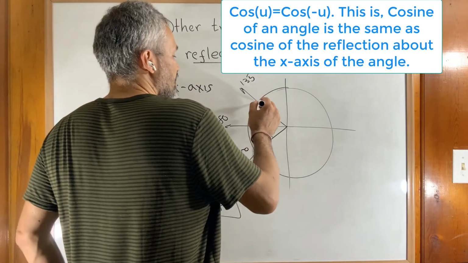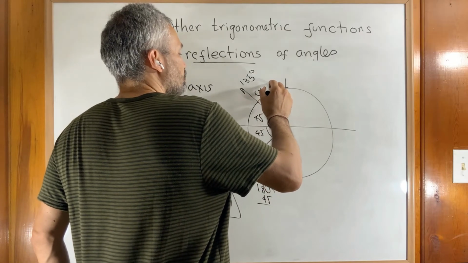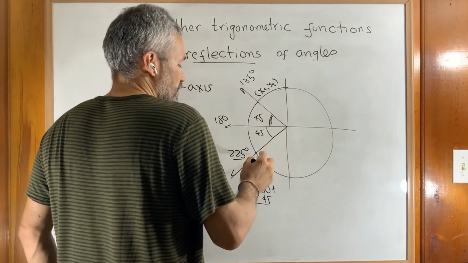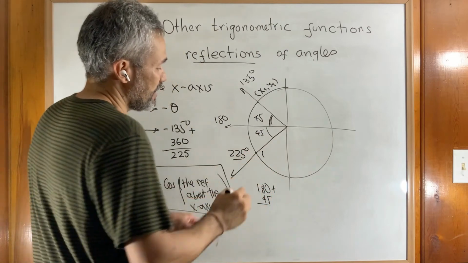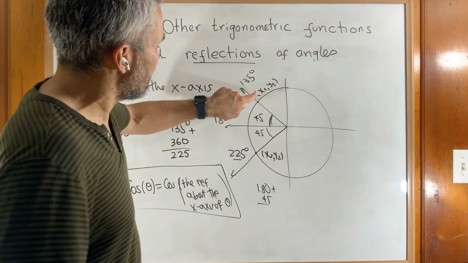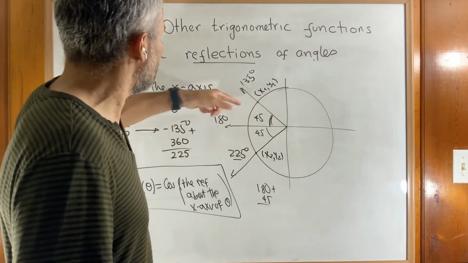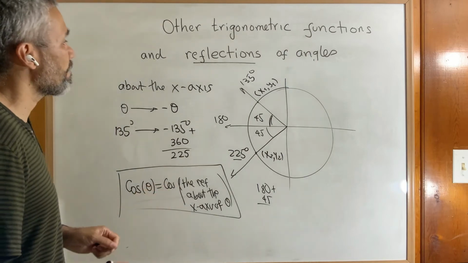And the reason is that if you think about this terminal point, x1, y1, and the one that goes with the reflection about the x-axis, x2, y2, then we can see that x1 and x2 are the same. Then that means that the cosine is the same.